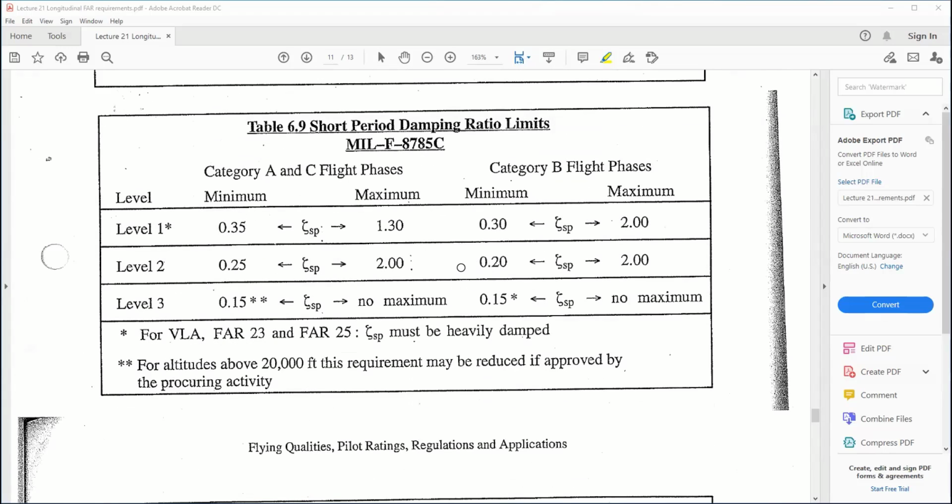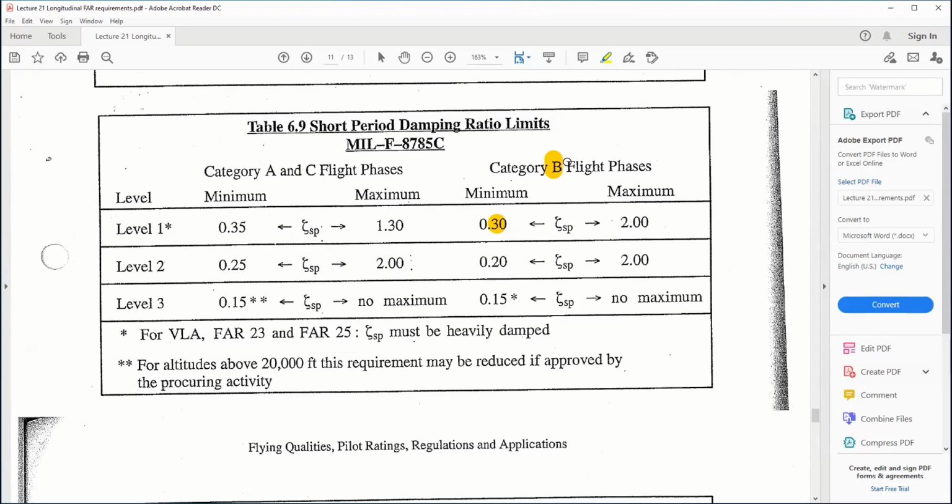So now we're looking at this chart, and we had a damping ratio of 0.35, just barely, but it's within the minimum for level 1. That's flight A and C. Oh, I need to be looking over here, don't I? Category B, so 0.3. So my 0.35 falls within the range of 0.3 to 2.